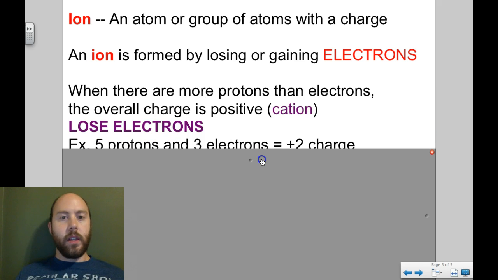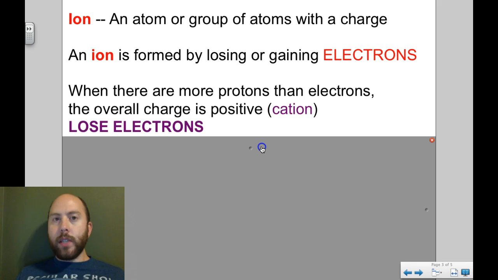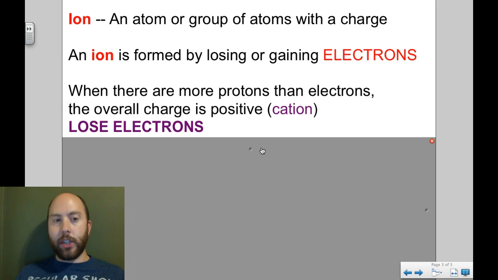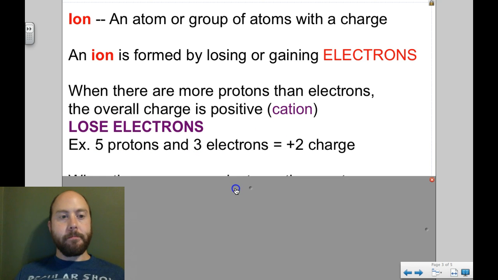Now, if there are more protons than electrons, and the only way to have more protons than electrons is by losing electrons, you become positive because you have more positive protons. And that is called a cation. Very important word, cation. I always remember cations as positive because I think of the t as a plus sign.